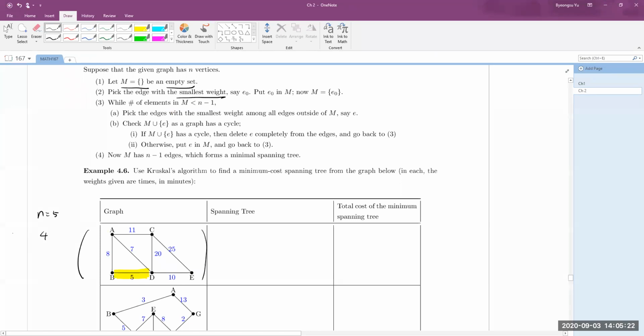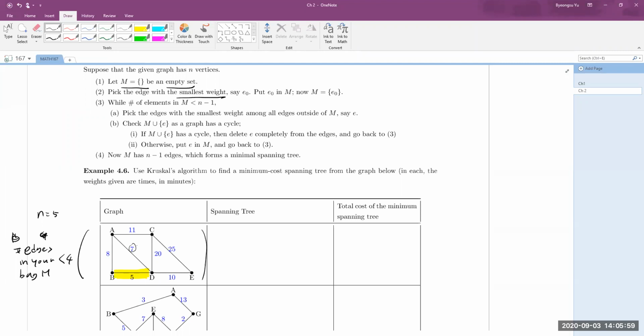So when the number of edges in your bag is less than 4, then just pick the edge with the smallest weight. For example, after 5, the smallest weight edge is 7. Then check whether adding your edge gives you a cycle or not. If it gives you a cycle, then just throw it away. Otherwise, you just put it in your bag, right?